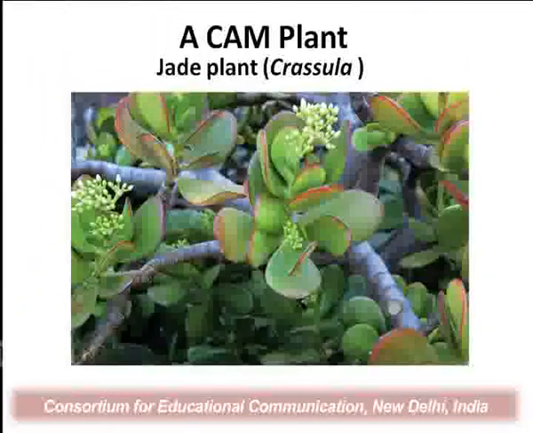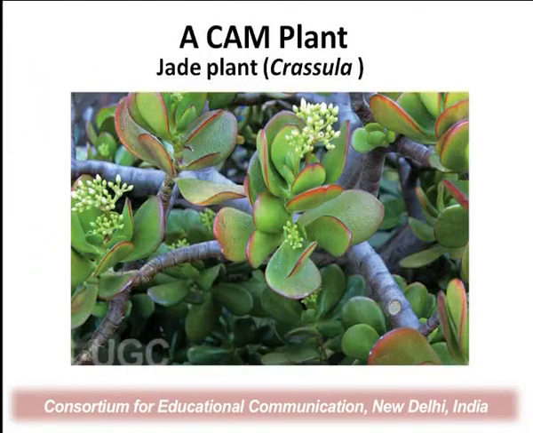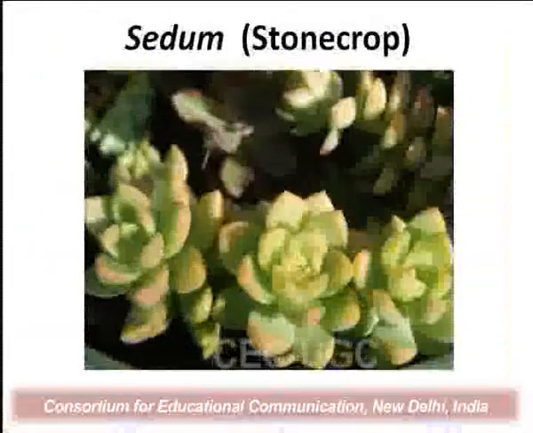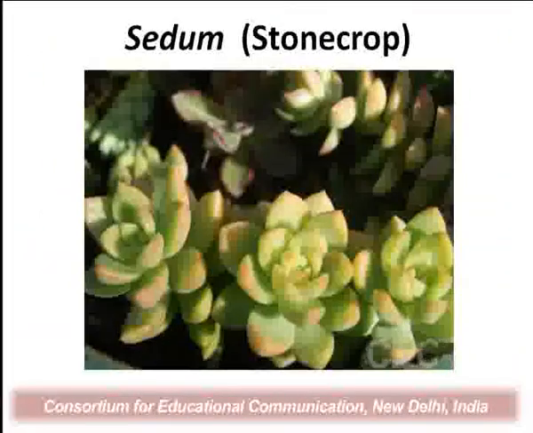So a CAM plant which is now used as an ornamental in our houses is the jade plant or Crassula, with very beautiful thick leathery succulent leaves which are water filled, and the Sedum plant, which is a stonecrop which we grow in our garden or even in our drawing rooms, and we add a xeric touch to it.